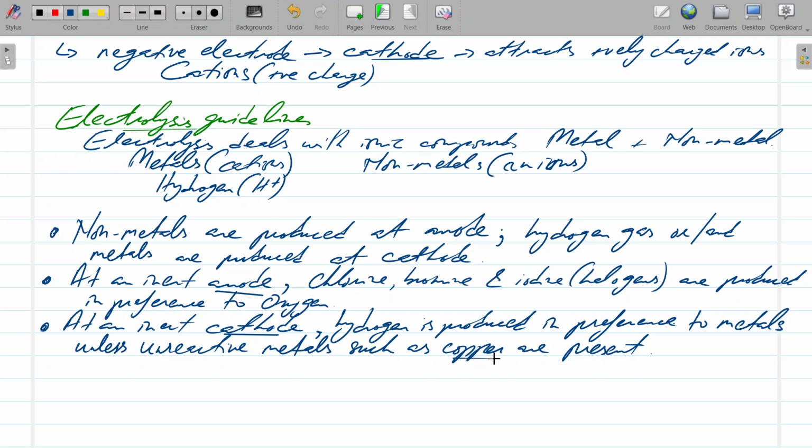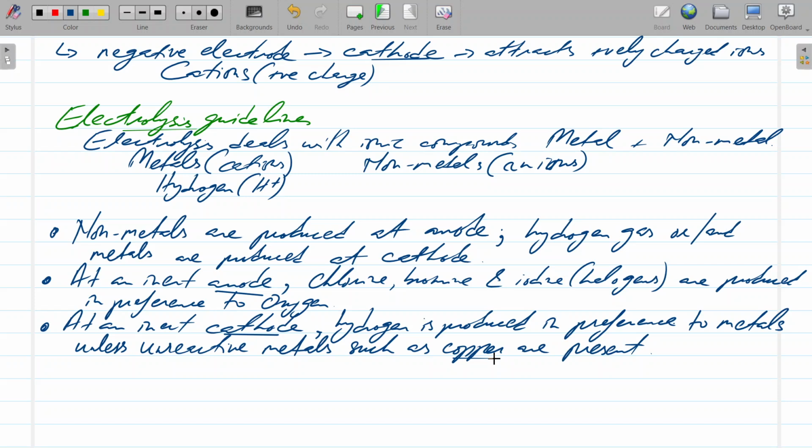We've talked about the reactivity series, and copper is way down in the reactivity series. It's not completely unreactive, but it is quite unreactive. But if you've got more reactive metals such as aluminium, sodium, or magnesium, then instead of those, hydrogen will be produced at the cathode.